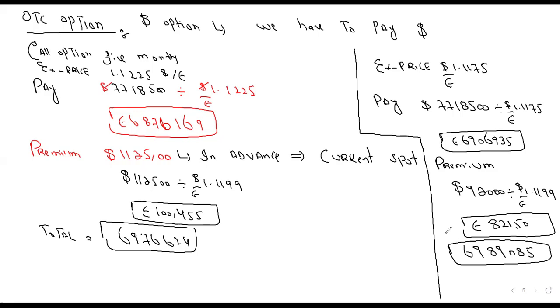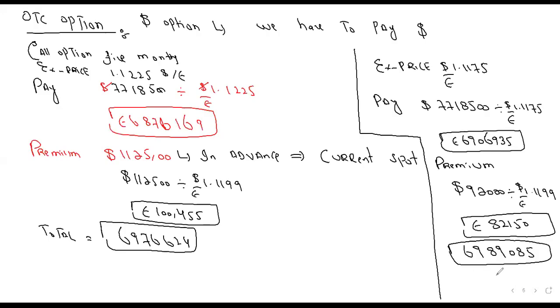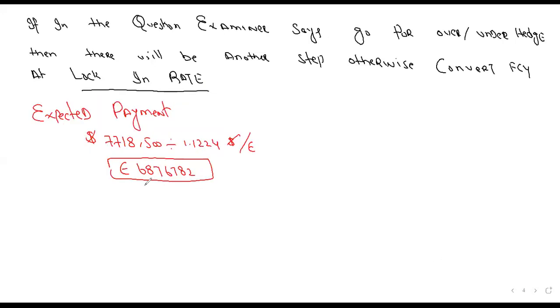Now, guys, when you have gone through this calculation, the discussion part is very, very important. In the discussion part, first of all, compare. See, under the future contracts, the payment is 6876.